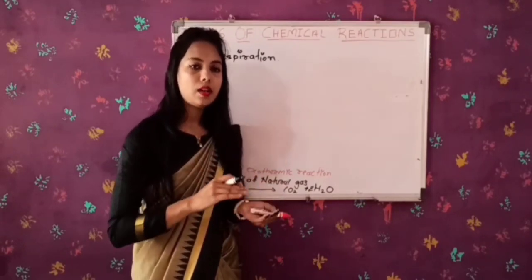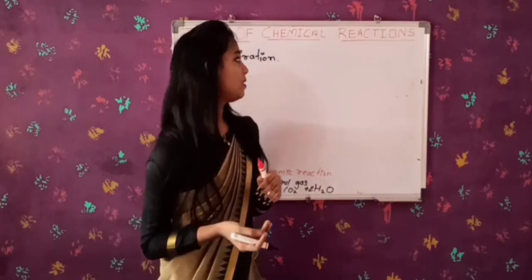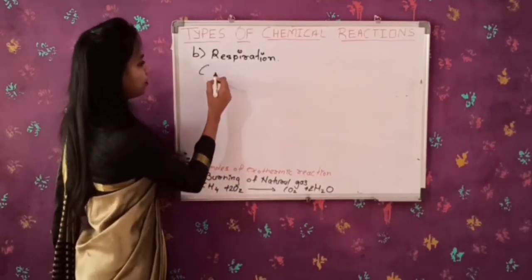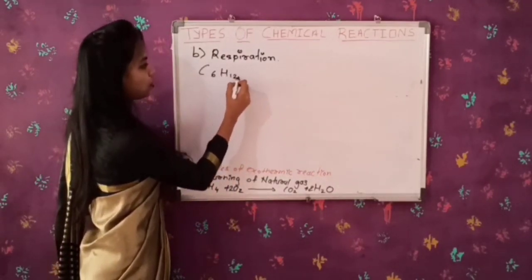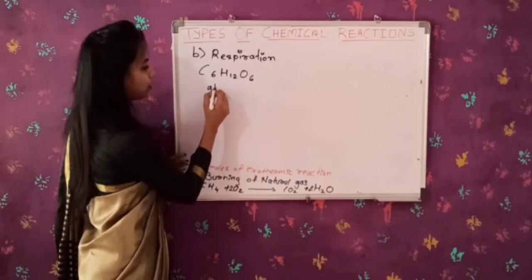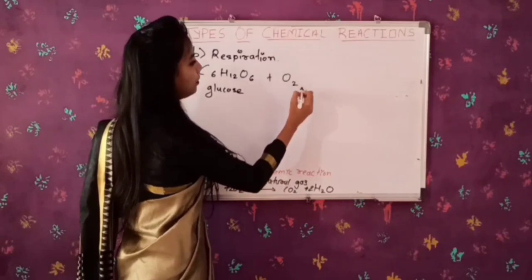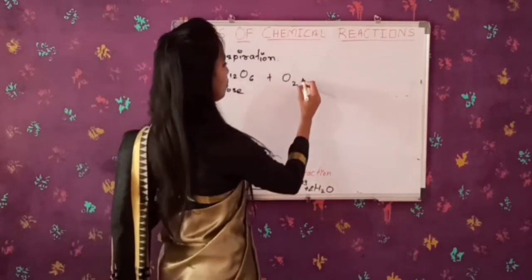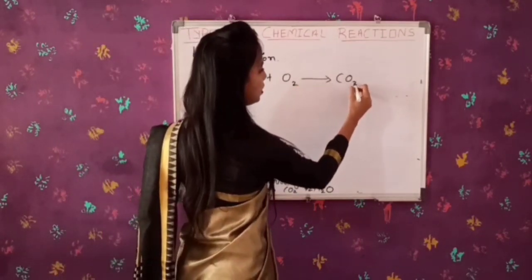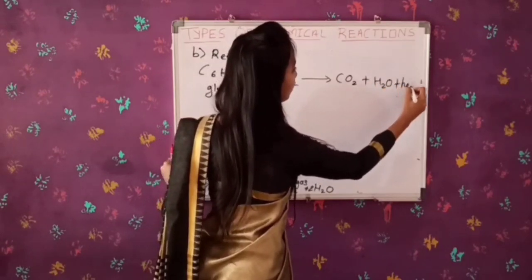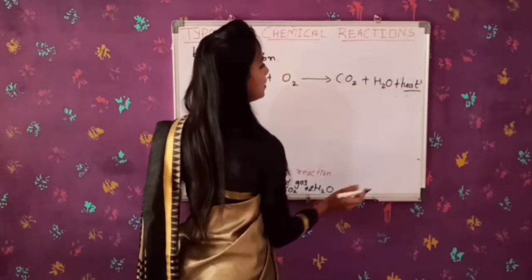So carbohydrates are converted into glucose, and here the oxygen will react with glucose. So we will write the reaction C6H12O6. Here it is glucose and it reacts with oxygen. So it will give CO2 plus H2O and heat is released.